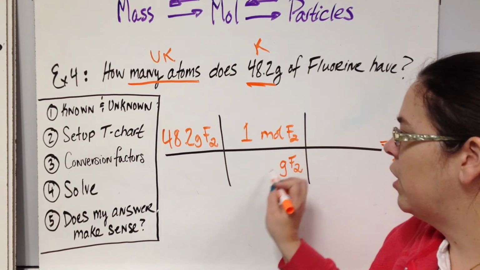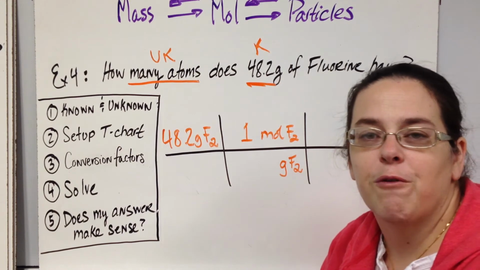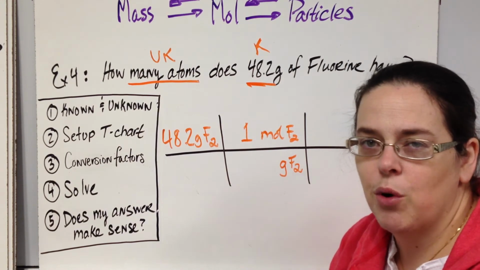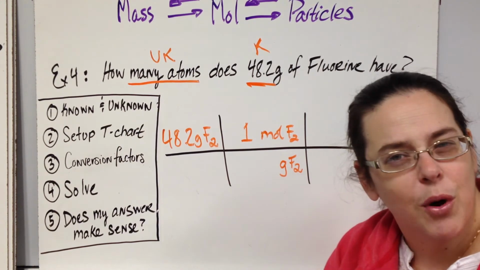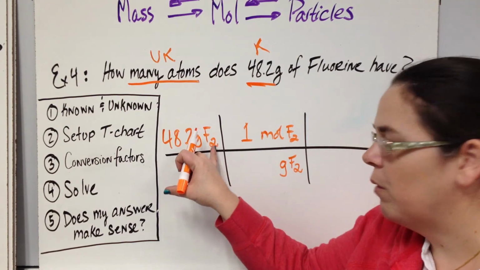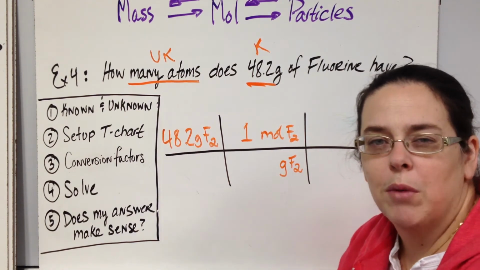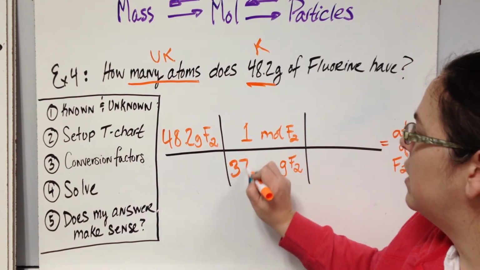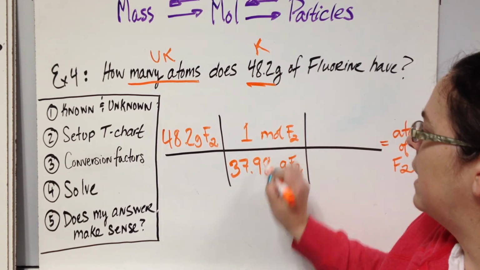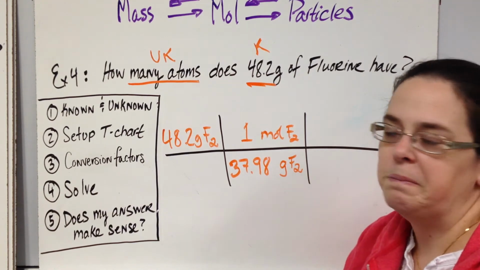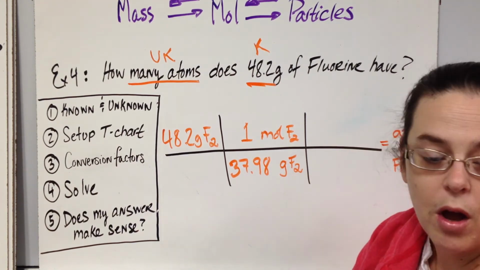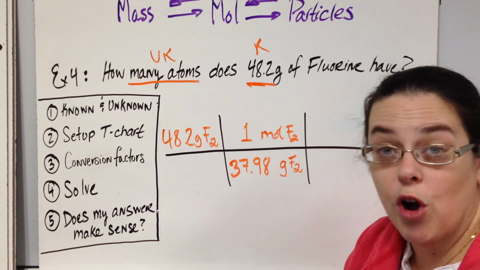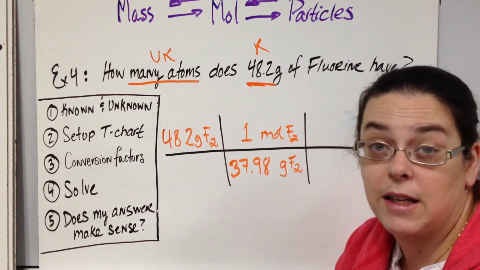And we're going to use the molar mass. The molar mass of fluorine all by itself is 18.99, but we can't use 18.99 because we have 2 of them. So we're going to take 2 and multiply it by 18.99, and that gives us 37.98 grams of F2.